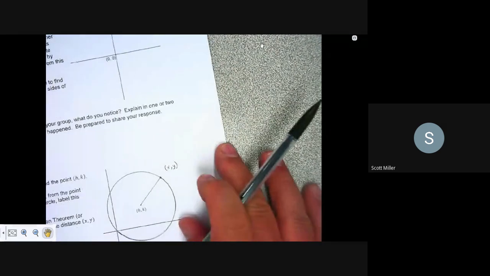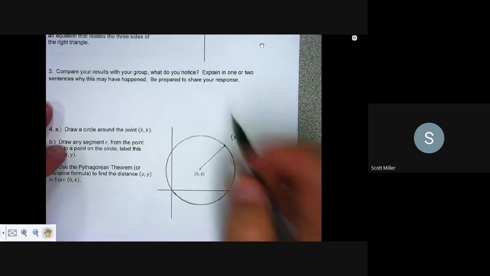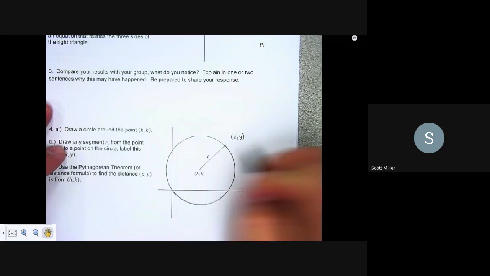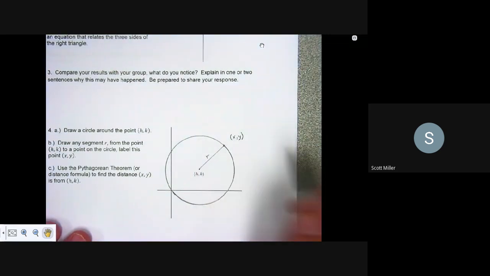And so there we go. We have drawn a circle of radius R. So this is the radius that is R. Center HK, and that right there.